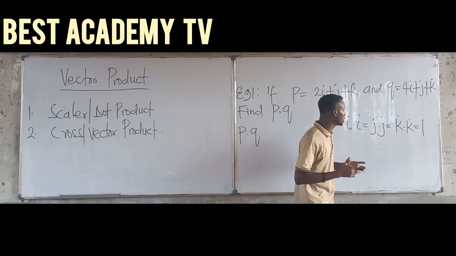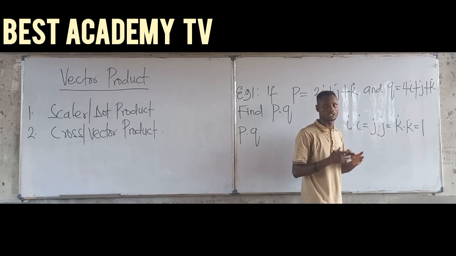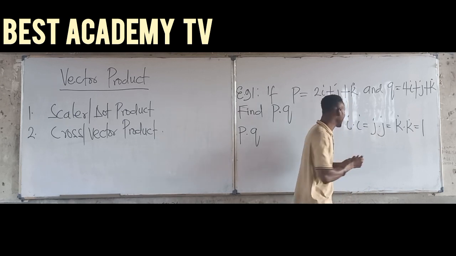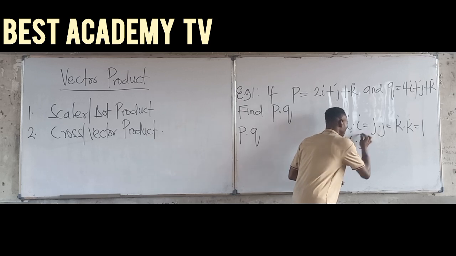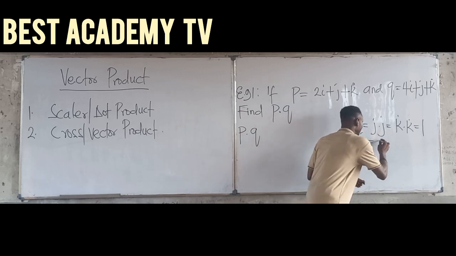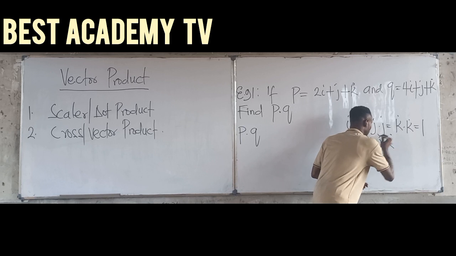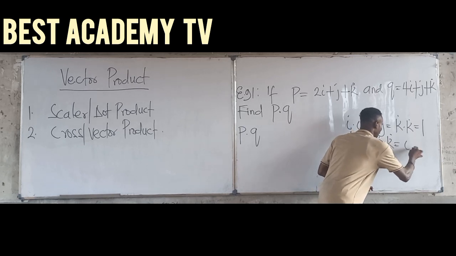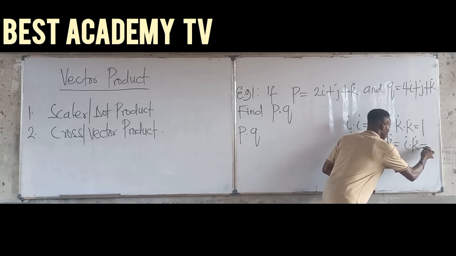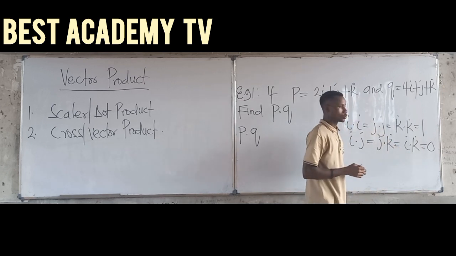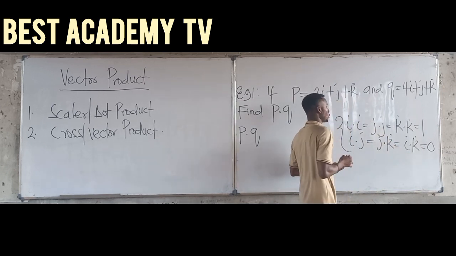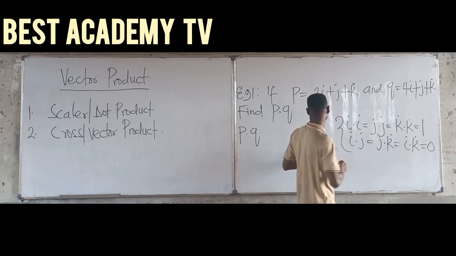But whenever you dot different vectors, the result is 0. So if I have i dot j, j dot k, and i dot k, the result is equal to 0. Please take note. This is what you have to know before we evaluate anything about dot products.